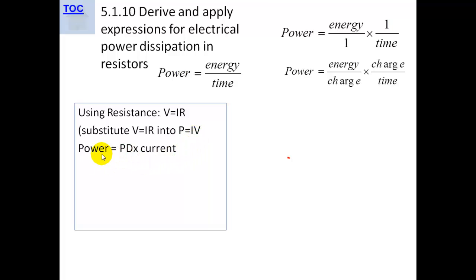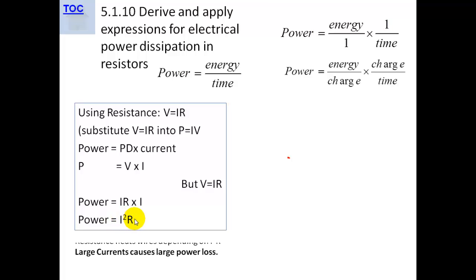Now, you know the power is equal to potential difference times current, which is equal to V times I. But you know that V is equal to IR. We substitute IR into here. We have P is equal to IR times I, which gives us I squared R. This is showing the power in a wire; if you know the current, it's going to be I squared R. This is important.